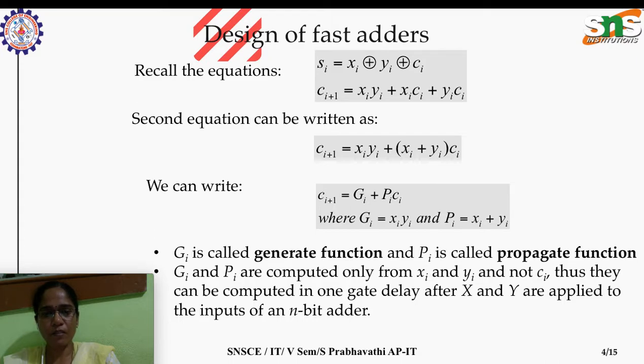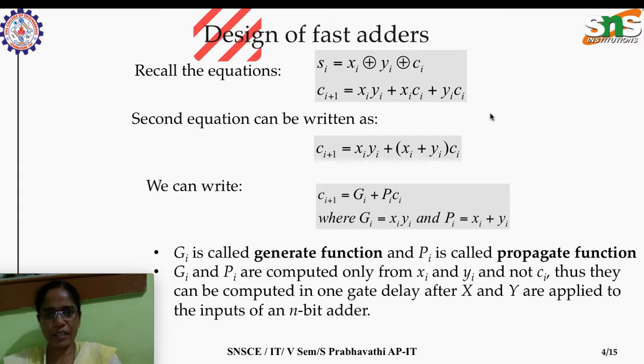The generate function will produce the xi yi value and the propagate function will produce the OR operation of xi and yi, without involving the carry. So our main logic here is each and every full adder will look ahead its carry, rather than depending on the previous full adder carry in.